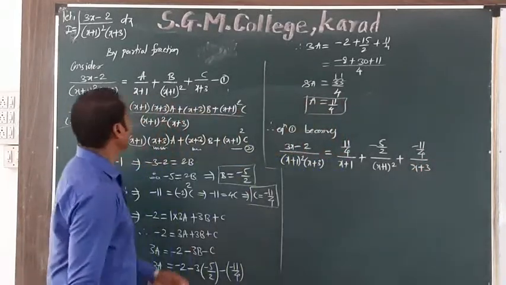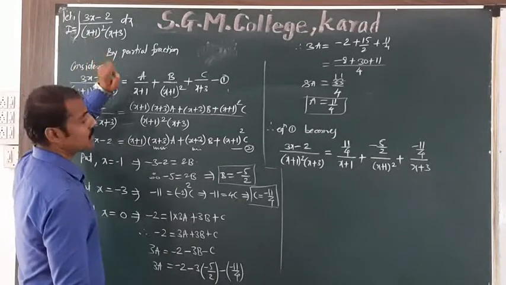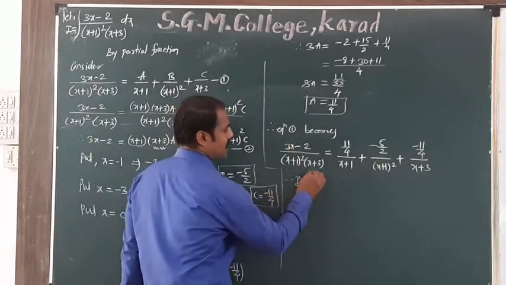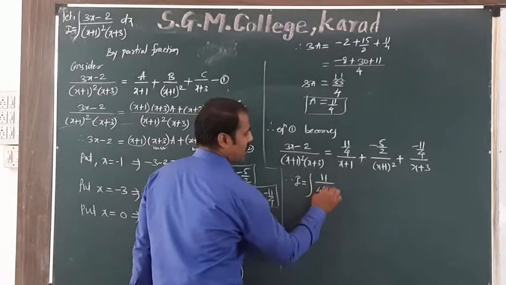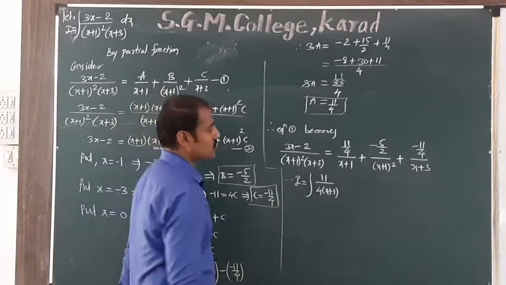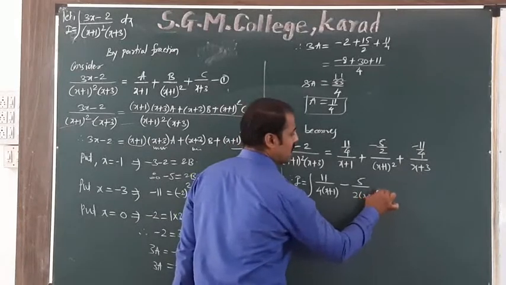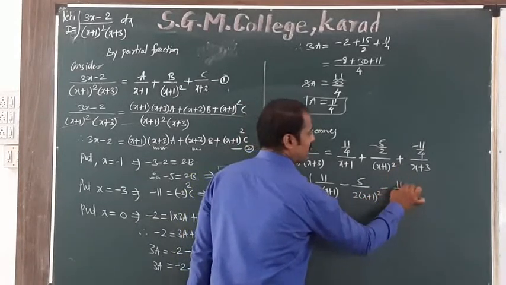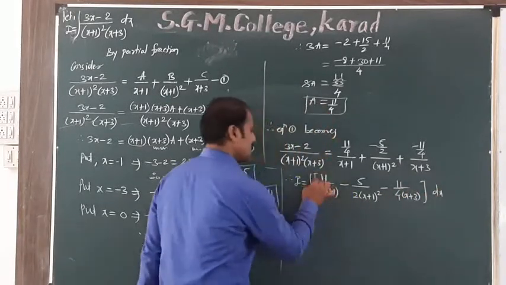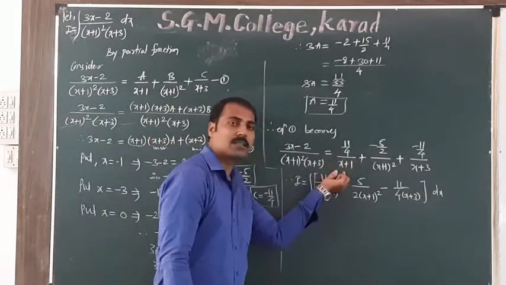Now we have to find the integration of 3x minus 2 divided by x plus 1 square into x plus 3. Replace that term by this. So our integration becomes I is equal to the integral of 11 divided by 4 into x plus 1, plus minus 5 divided by 2 into x plus 1 square, plus minus minus 11 divided by 4 into x plus 3, dx.